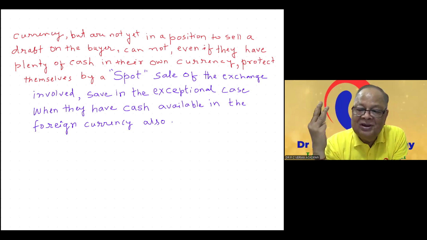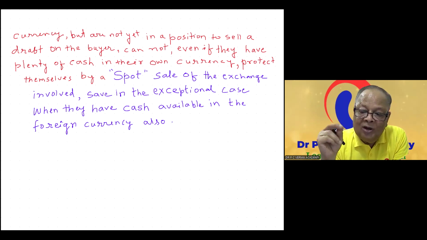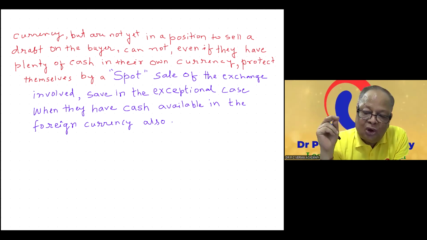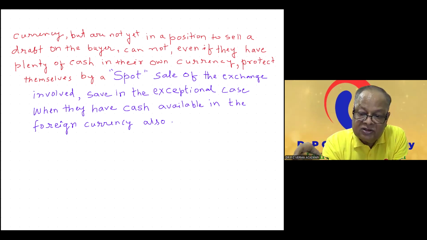You can imagine January 1991, India had only $1 billion in stock. And at that time, $70 billion were due to be paid to foreigners. That was virtually a crisis, a monetary crisis.